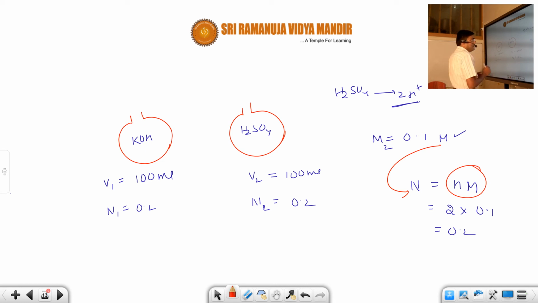Now you solve it. What is the formula? Resultant normality is equal to (N1 V1 minus N2 V2) by (V1 plus V2), because here this is a base and this is an acid. Now if you solve, you'll get 0, because both get cancelled.